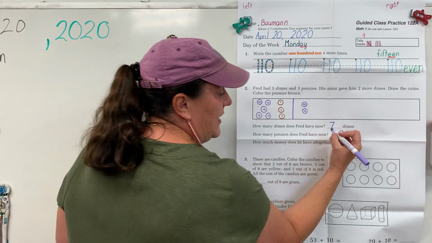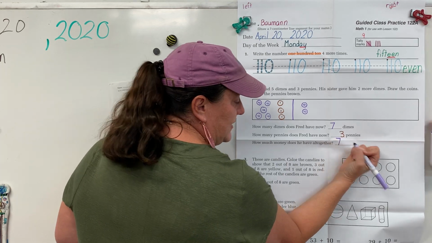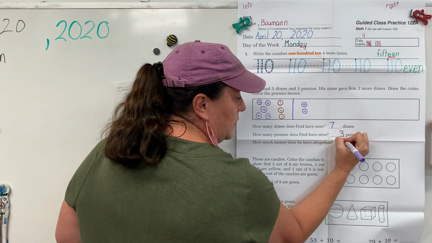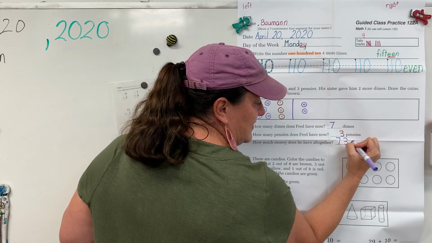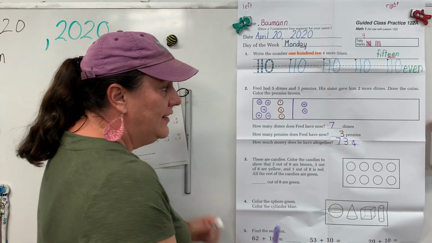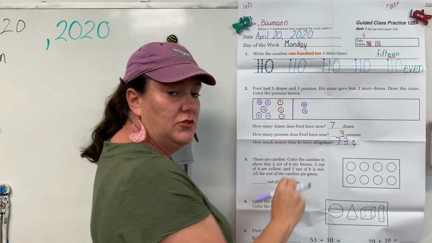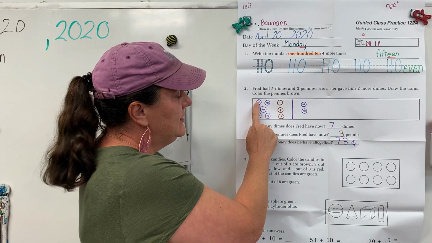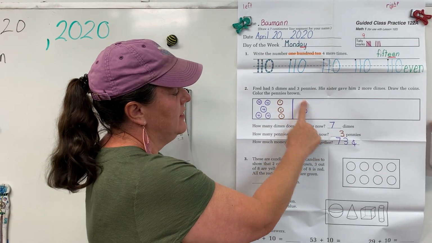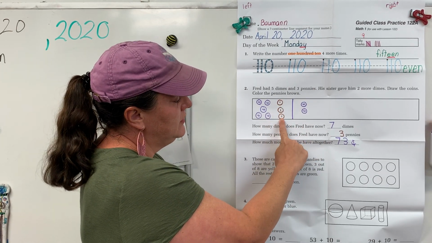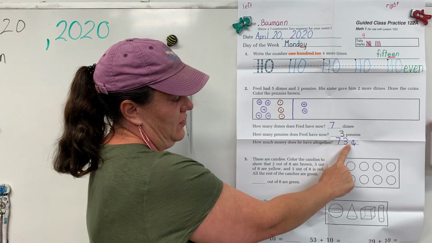We know we have 7 dimes, 7 tens, 3 pennies, 3 ones. Don't forget the cent sign. All right, let's go back and count our picture to double check that we did it correctly. 10, 20, 30, 40, 50, 60, 70, 71, 72, 73. All right, we got it right.